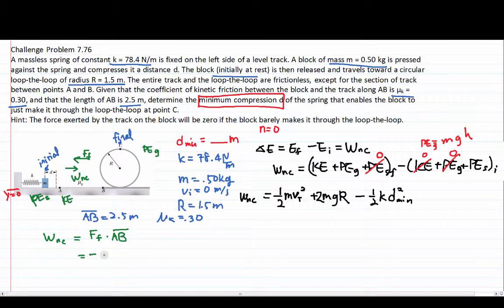So we're going to have a minus sign in front, and this is the normal force times the coefficient. The normal force here will cancel out with the force due to gravity. So I'm going to write mu k mg times the 2.5 meter of distance from A to B. So that's going to replace our W non-conservative there.